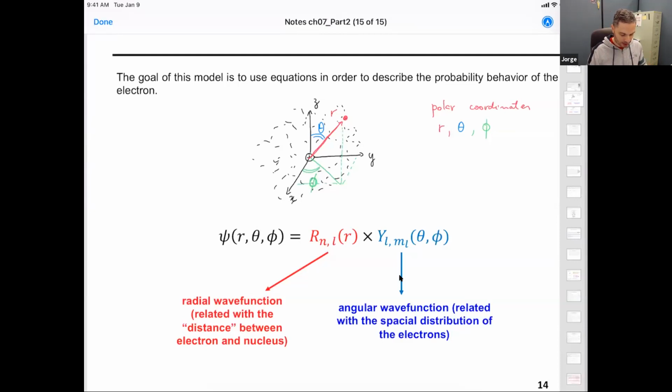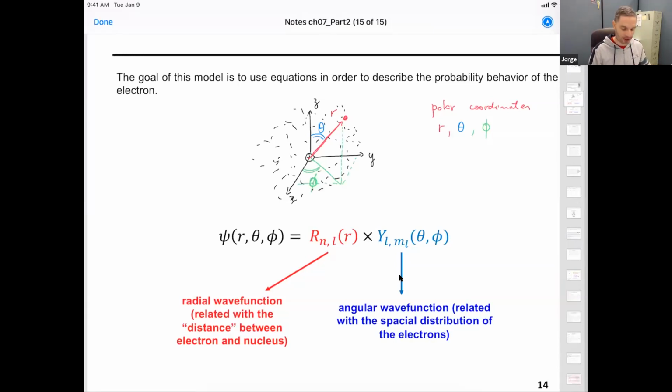And with that, we can use wave function equations, and we are going to use a function ψ of r, theta, and phi to describe the behavior of the electron.